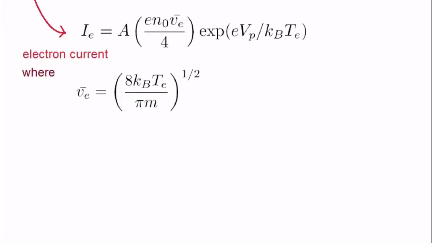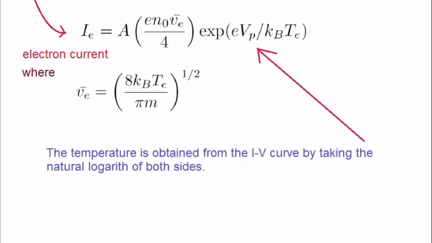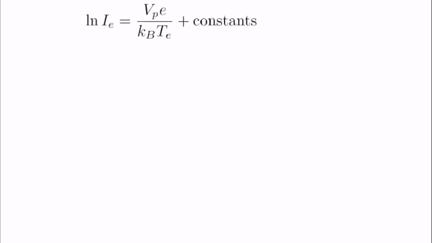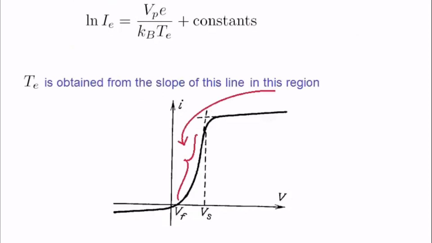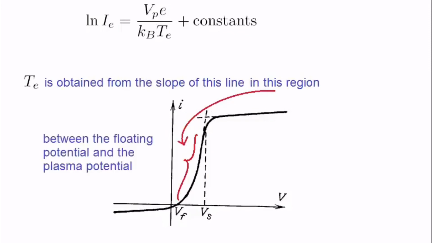We then obtain the electron temperature from the IV curve. By taking the natural logarithm of both sides, we can obtain the electron temperature by this equation. The electron temperature can be taken from the slope of the line, but it has to be in this region of the IV curve between the floating potential and the plasma potential.